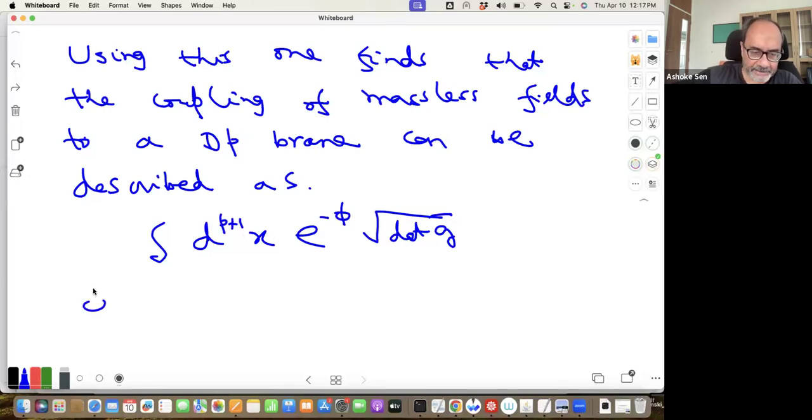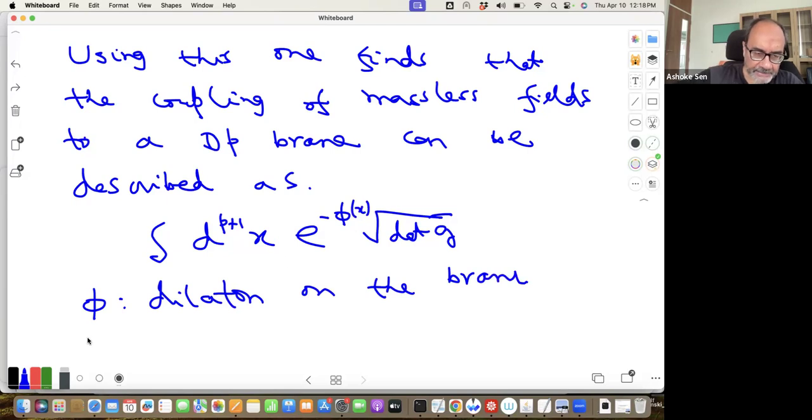So phi is the dilaton and G is the metric. Phi is the dilaton, but it is a dilaton on the brane. And G is the induced string metric on the brane.